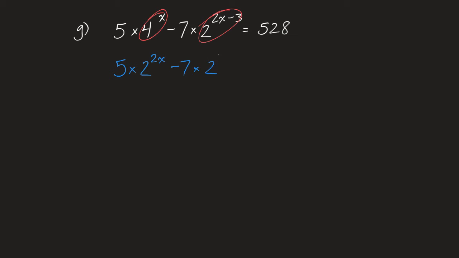And now I get to a point where I love that line because both of my powers contain a 2 to the exponent 2x. So what I can do now is common factor out my 2 to the 2x, and I'm just going to very quickly factor that out.